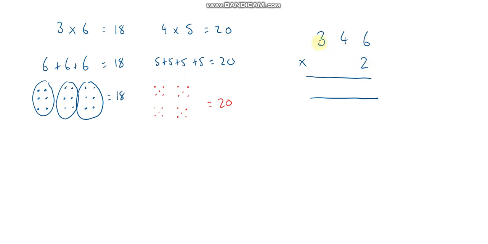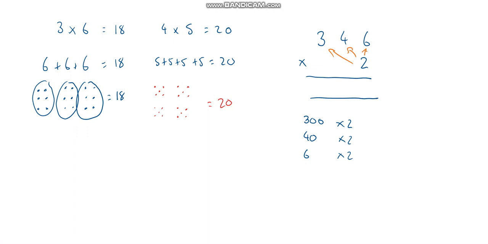Again, let's think about what this means. 346 times 2. So I have got 300, I have got a 40, and I've got a 6. And I'm going to times each of these numbers by 2. That's what I'm going to do when I do my chimney sum, because I'm going to do 2 times 6, and then 2 times 4, and then 2 times 3.